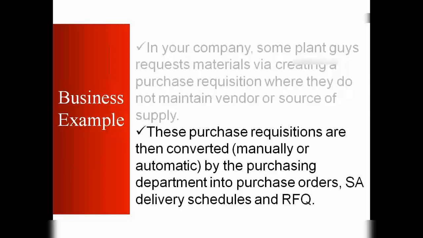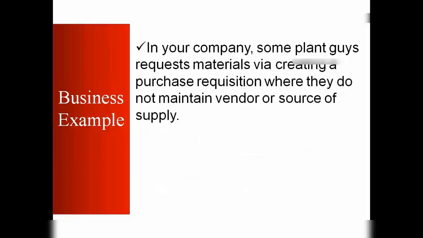And then these purchase requisitions are converted manually. So first people create these purchase requisitions, and then the purchasing officer will be assigning a source of supply to the purchase requisition, the right source of supply.